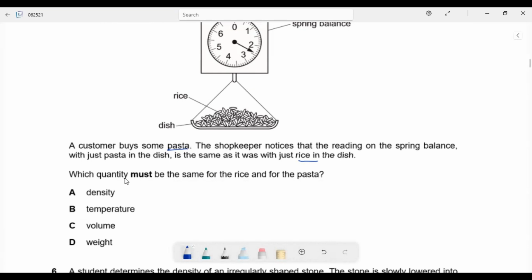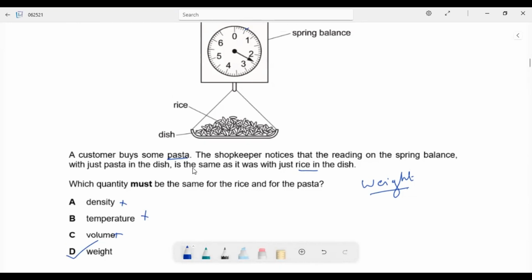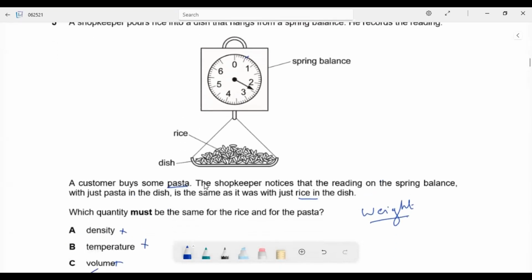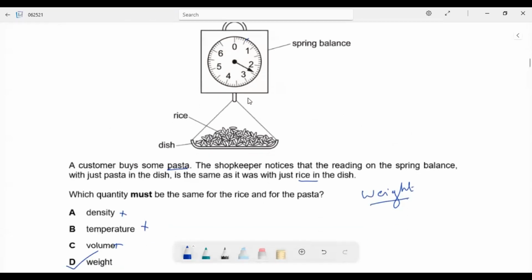Here we are using a spring balance for measuring the weight. By using a spring balance, we can't measure density, temperature, volume and so on. So the right answer is D, weight. Weight will be the same in the case of rice and pasta if the pointer is showing the same number.